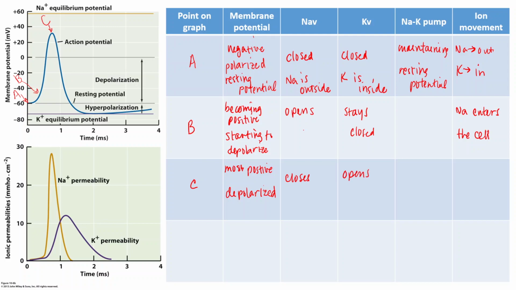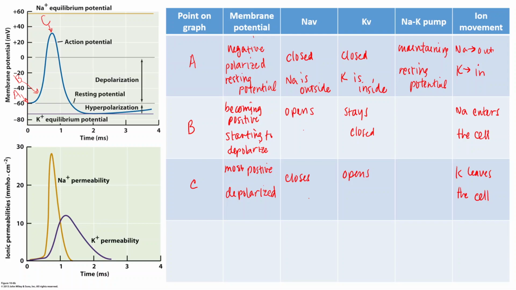And so which ion is moving and where is it going? Yeah, so potassium leaves the cell. And so when potassium is leaving the cell, potassium is also a positively charged ion, right?